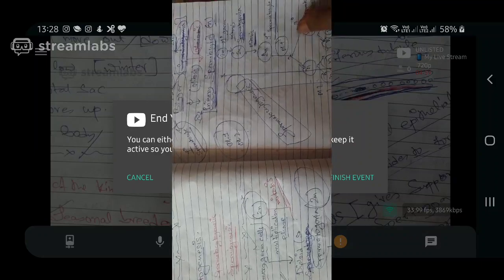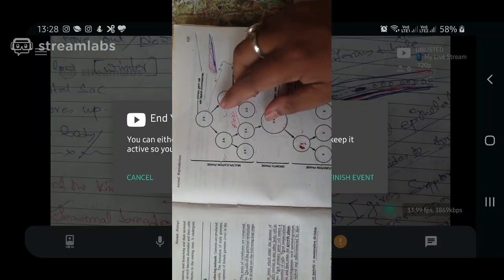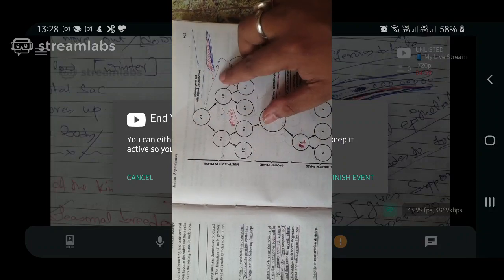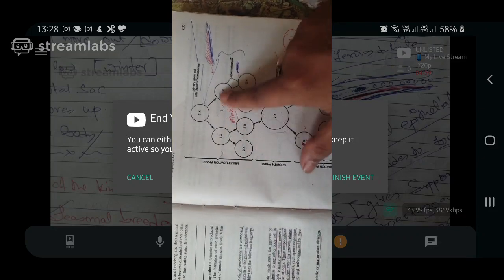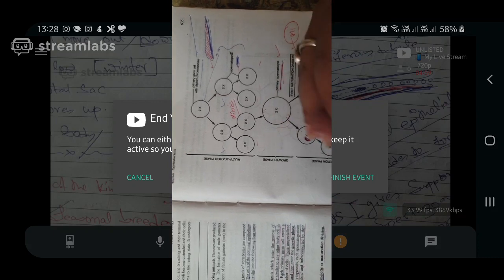These are present in the basement membrane, in the lining, in the wall of the seminiferous tubule, with the Sertoli cells coming in between.